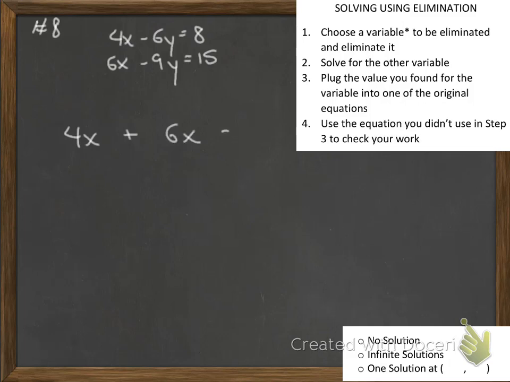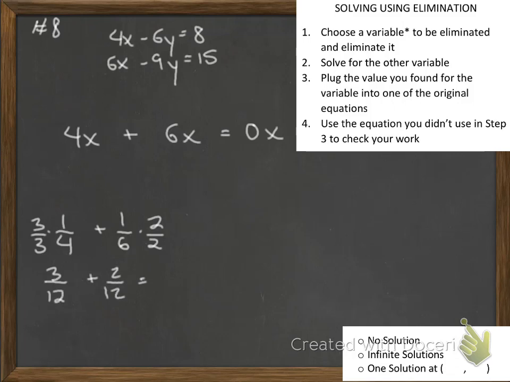So remember, our ultimate goal is that these add up to 0. If you want to think about fractions, if I had 1/4 plus 1/6, you could multiply this by 3, and you could multiply this by 2, and you get 3/12 plus 2/12, and you get 5/12, because 12 is your LCD.